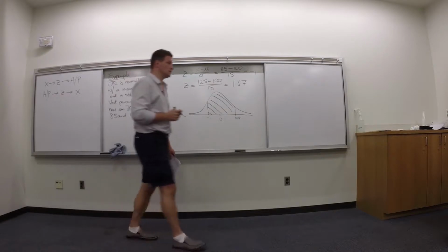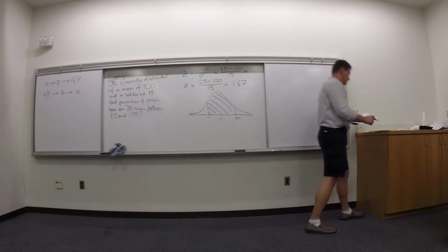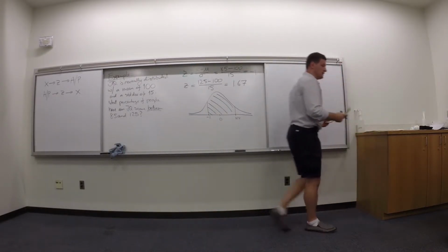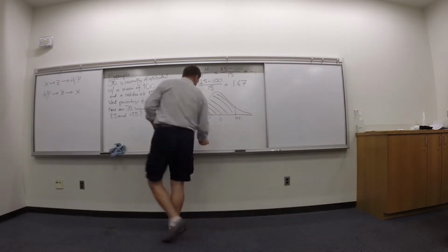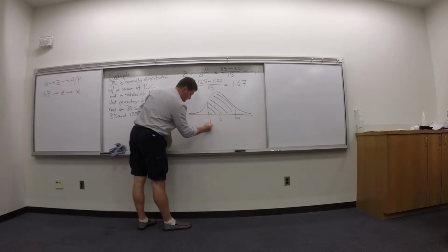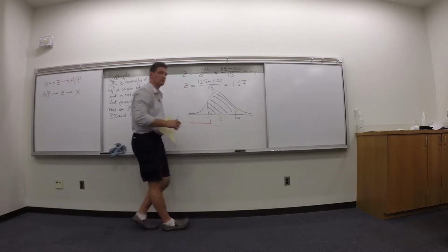So what are we reading? If it's to the left, then we're going to have to get two of them. We're going to have to get this one. How big is this area? Right here.